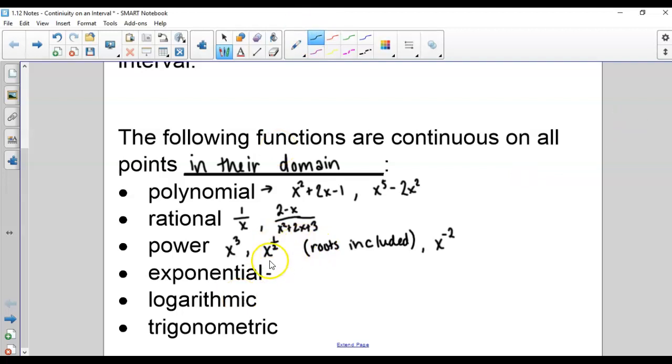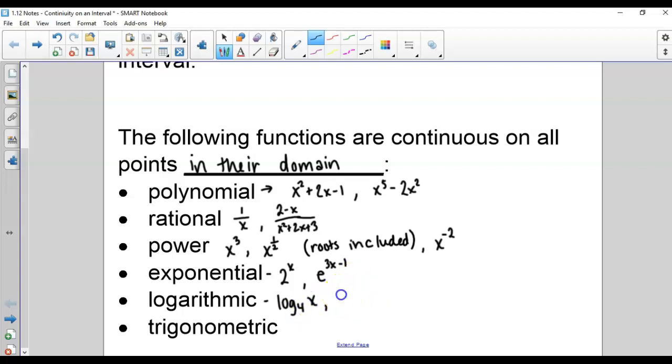Exponential is anything that has a variable in the exponent. It could be something like 2 to the x power, or e to the 3x minus 1. Those are exponential equations. Logarithmic would be like log base 4 of x.